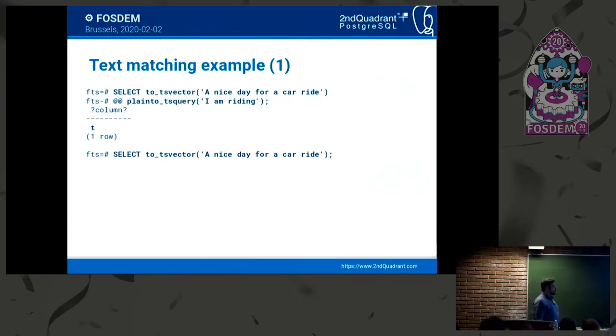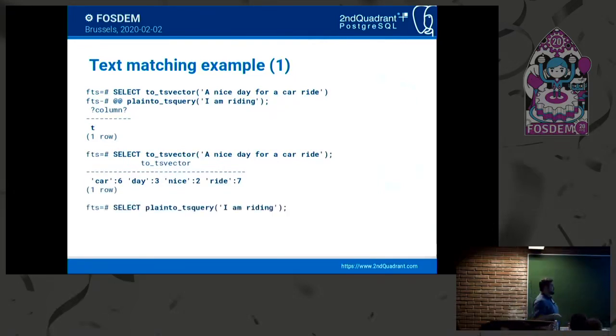But why? I want to find out what toTS vector generated that made it match. So toTS vector generated these lexemes: car, day, nice, ride, and toTS query reduced everything down to ride.